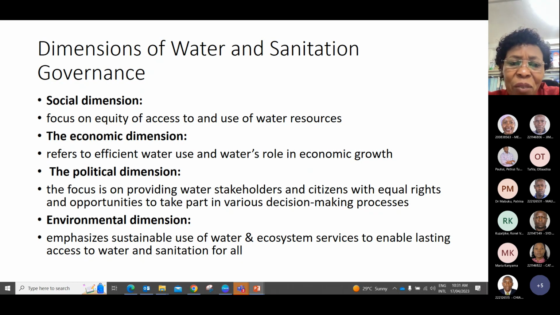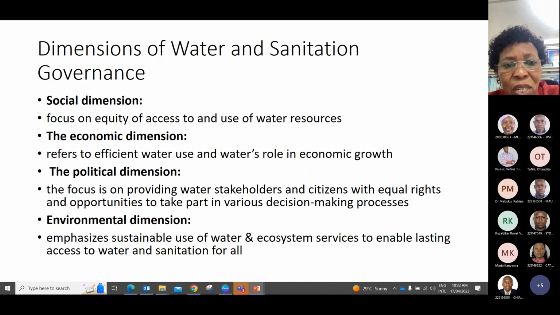So I found it one of the initiatives that helps people to use water efficiently, but also it is an incentive to ensure that water is conserved, other than leaving it the way it is.